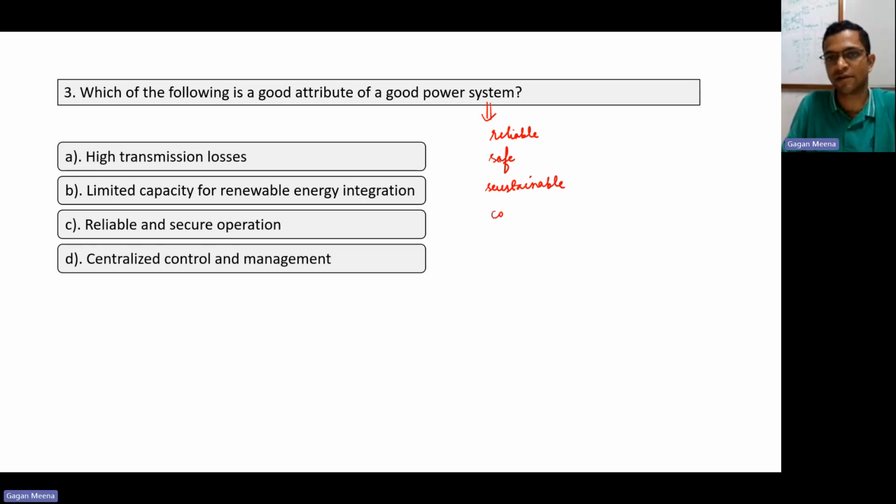So we can say economical. So here we can say secure. If we talk about economics, then we want the losses to be less, right? We want minimum losses.